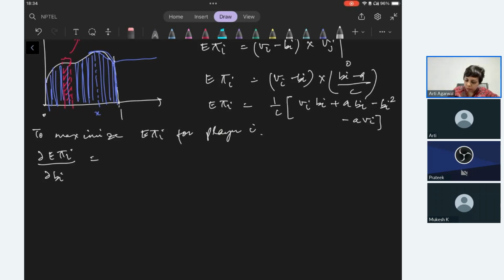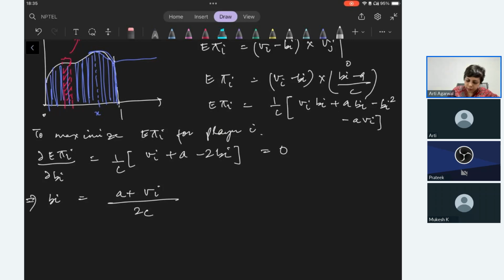You get 1 by C times VI plus A minus 2BI equal to 0. So from here you get BI is equal to (A plus VI) by 2, since the 1 by C you can just delete, it doesn't matter. So this is the form we are finally getting for BI.